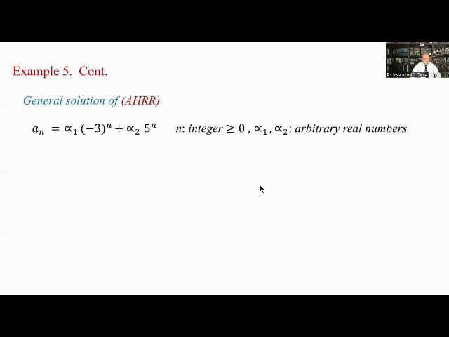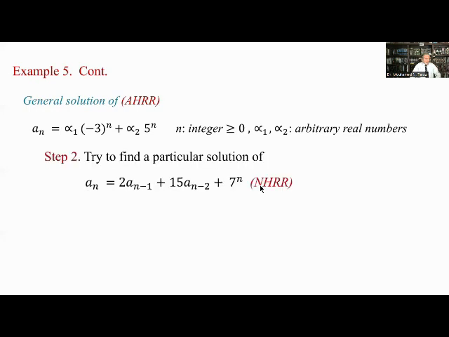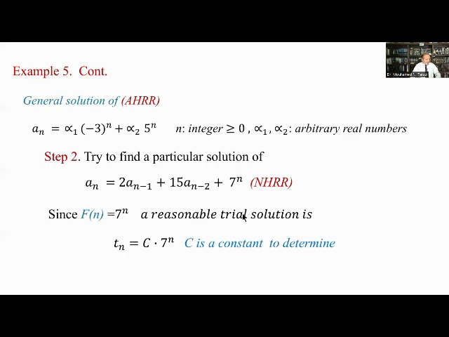Alpha 1 and alpha 2 are any real numbers. Now we need to find a particular solution of the non-homogeneous recurrence relation. Since here 7 to the power n is the Fn, we will try to see if C times 7 to the power n might be a good choice, where C is a constant to be determined, if any.